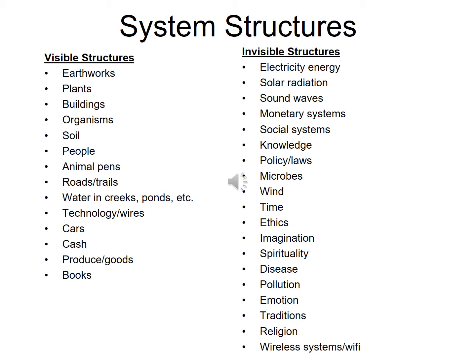Invisible structures are all those things that are also important to your system, but they're not visible, mostly, like the electrical energy that's moving through the wires or through the atmosphere in a wireless system. Those things are not visible, so to speak. They're invisible, but they are really important in keeping our system working as it does.